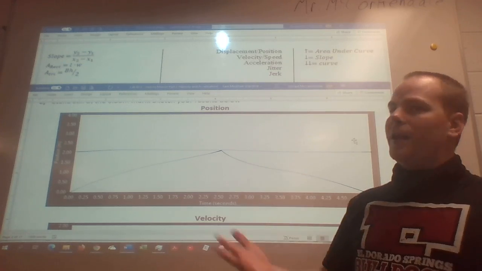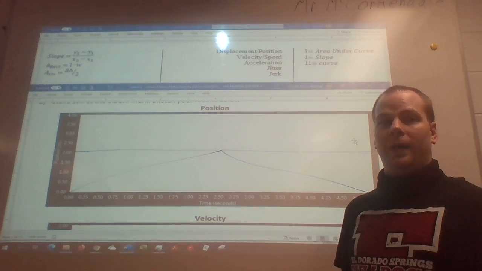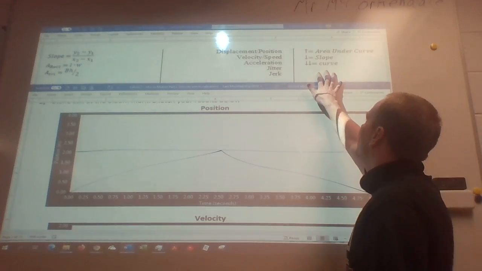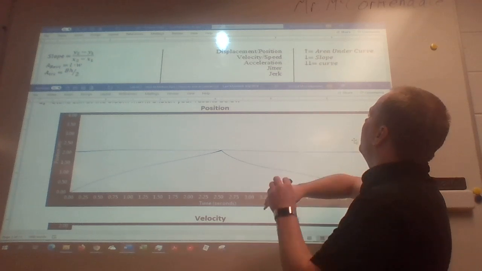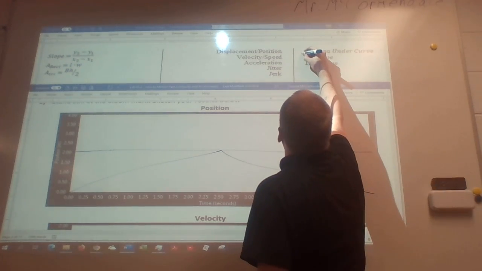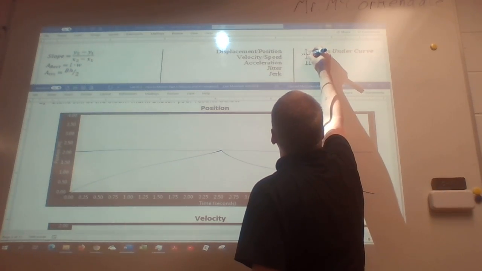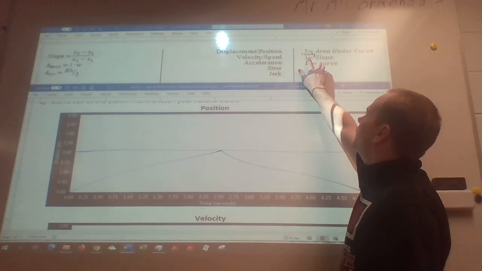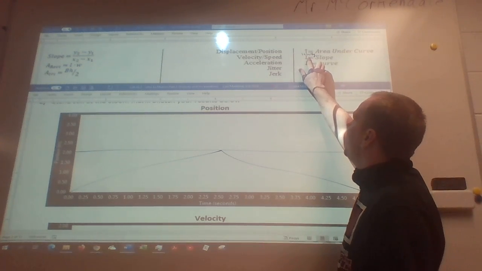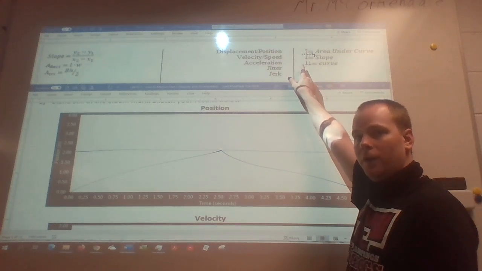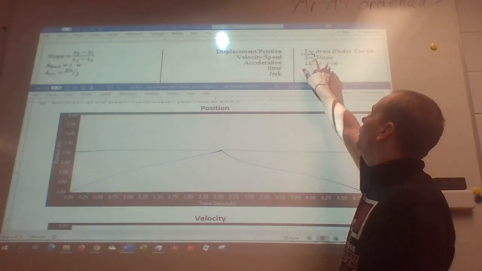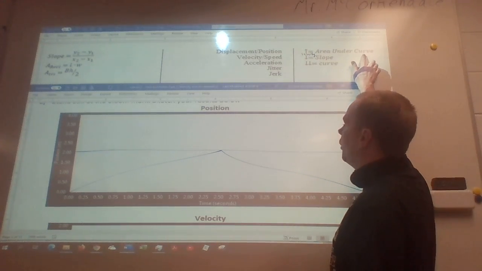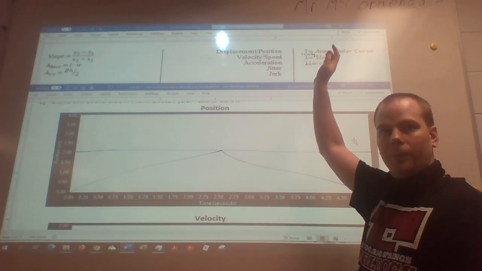And there are trends that you can get when you have that list written out. So let's say that right here is velocity. If we want to determine the thing above velocity, or the simpler item, we would use the area under the curve to calculate it.